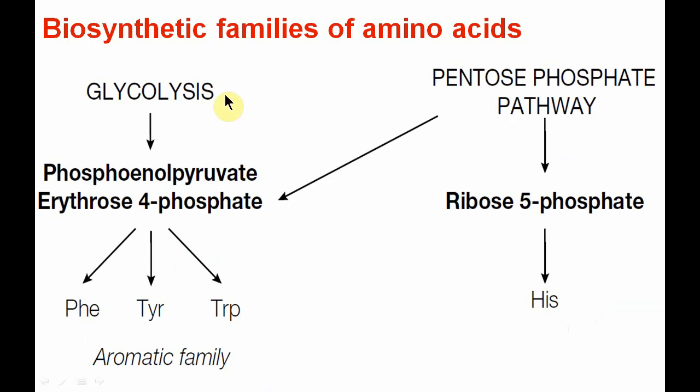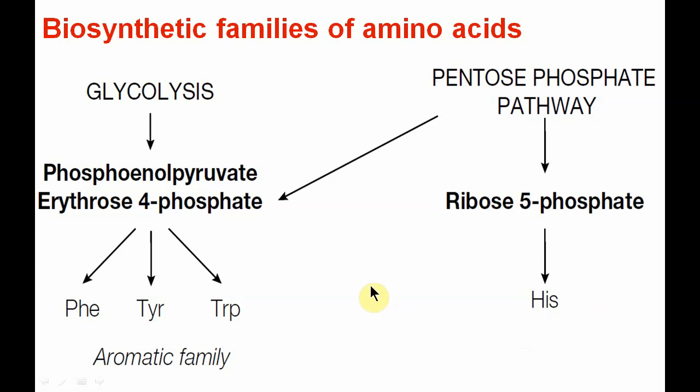Then from glycolysis and the pentose phosphate pathway, the intermediate phosphoenolpyruvate from glycolysis plus erythrose 4-phosphate from the pentose phosphate pathway helps to synthesize phenylalanine, tyrosine and tryptophan. All are the aromatic family. And further, ribose 5-phosphate from the HMP shunt pathway helps to form histidine.